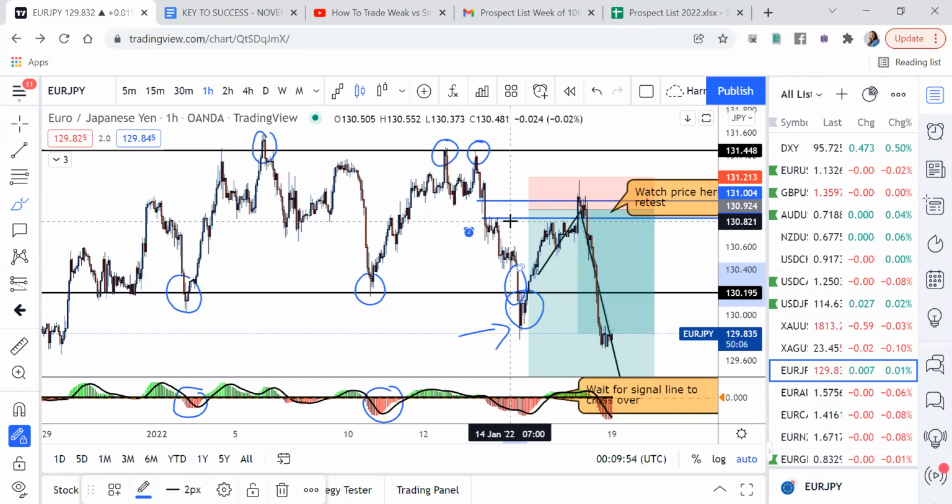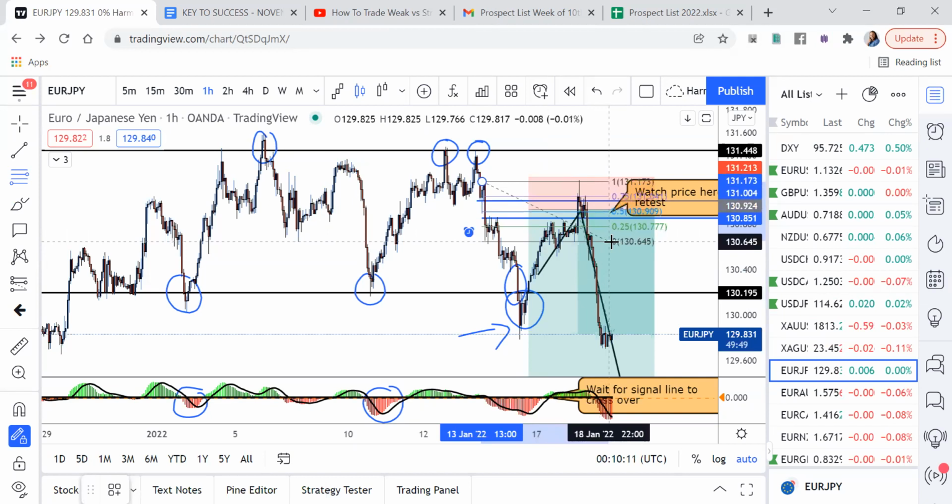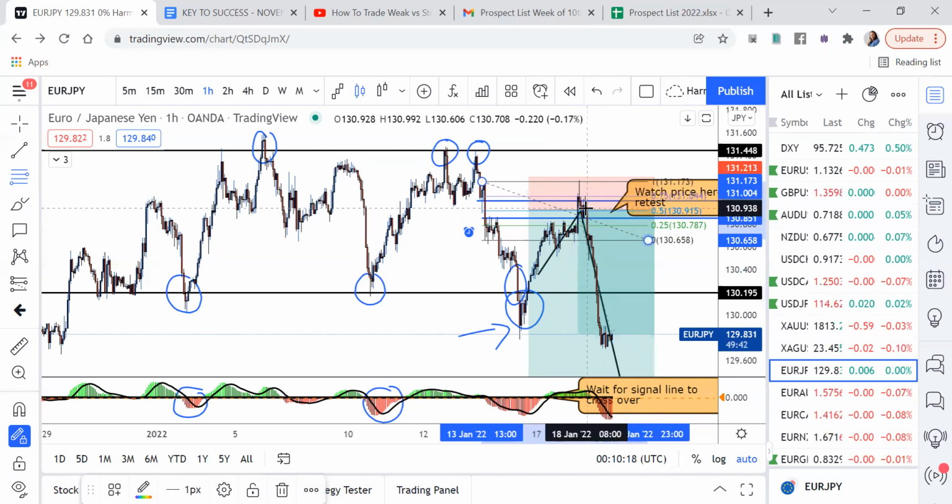So on Sunday, I would have identified this imbalance zone here. I told you guys as well that with the imbalance candle, you can measure it to find where 50% of that candle is. And 50% of that candle is right here where I have the entry for my sell position, right?